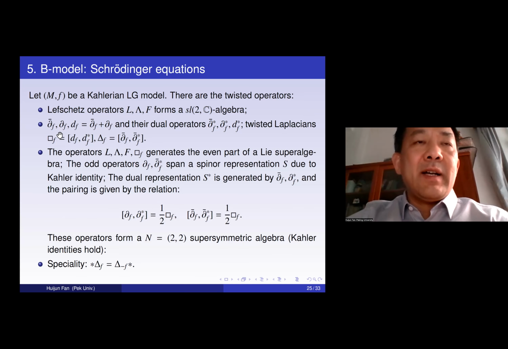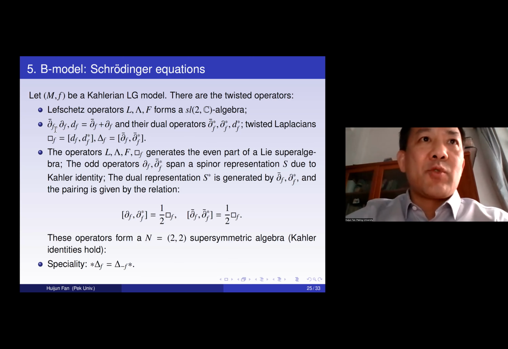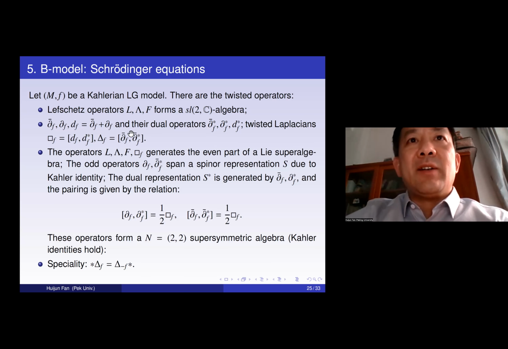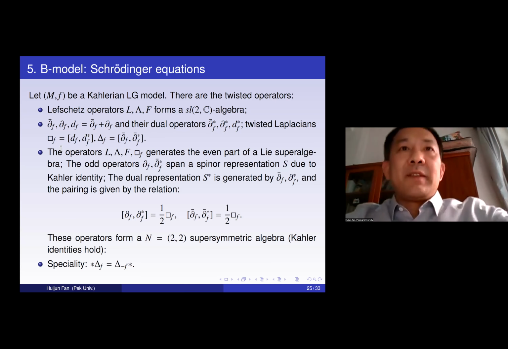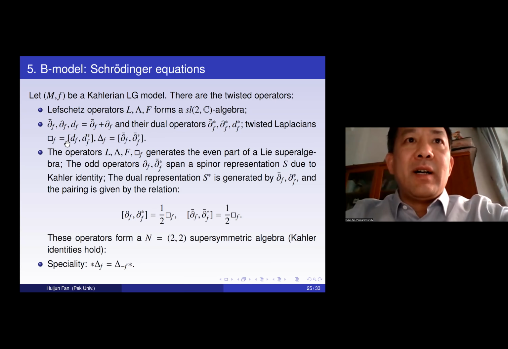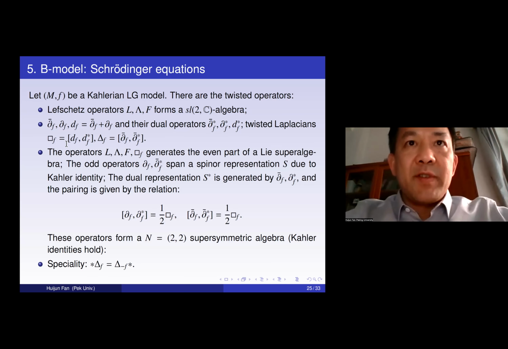And we also have the operator D̄_F. Sorry, here I have not written down the explicit form. Actually, D̄_F equals D̄ plus ∂F wedge. So it's just such operators. And we have D_F, and also the dual operators D̄_F star and D_F star. We have the twisted Laplacian Δ_F. So we have very similar conclusions compared to compact Kähler manifolds.